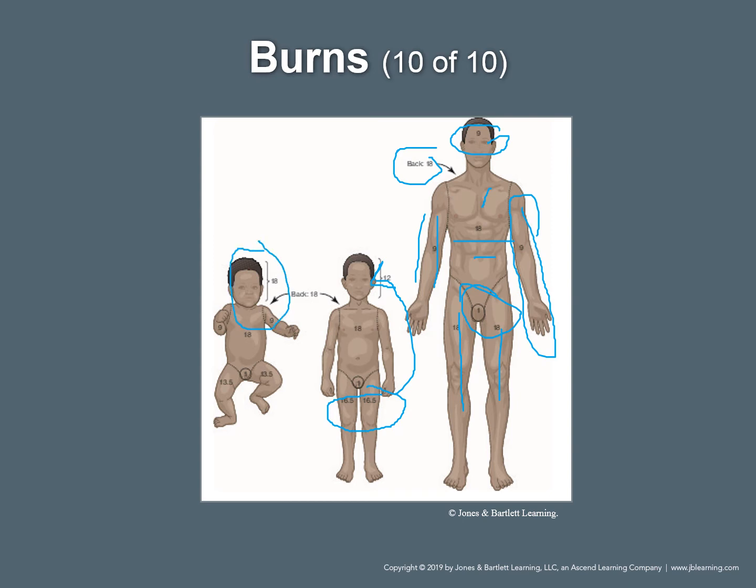In babies, the head is worth 18% and the legs are worth 13.5. Okay? You're just going to have to memorize those. You have to memorize those rules of nines, because you will get questions on National Registry and on your unit test that just straight up ask you what body surface area is burned, and it outlines those burns for you.